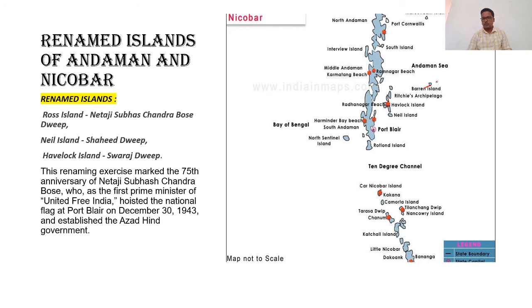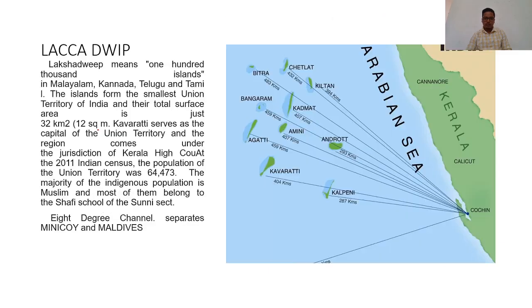The larger picture, you can see the Barren Island. Now Lakshadweep, this would be Kavaratti. Lakshadweep is a group of islands located in the Arabian Sea, with its capital Kavaratti. It is separated from the Maldives through the 8-degree channel.